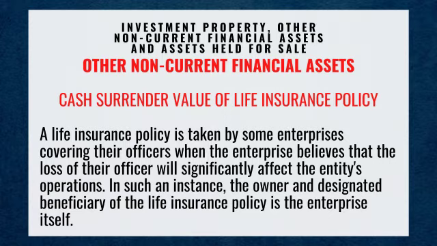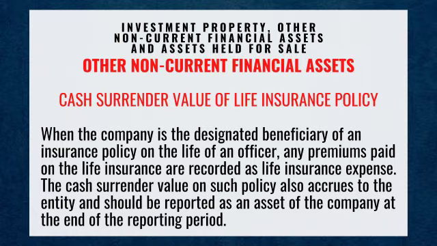In such an instance, the owner and designated beneficiary of the life insurance policy is the enterprise itself. When the company is the designated beneficiary of an insurance policy on the life of an officer, any premiums paid on the life insurance are recorded as life insurance expense.